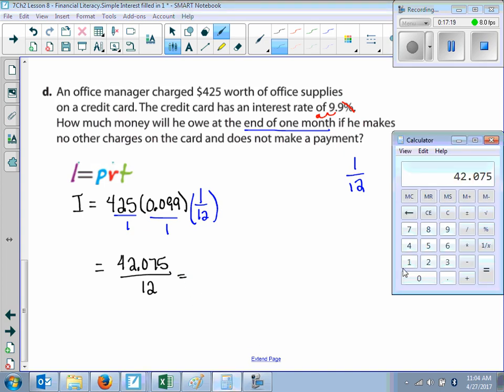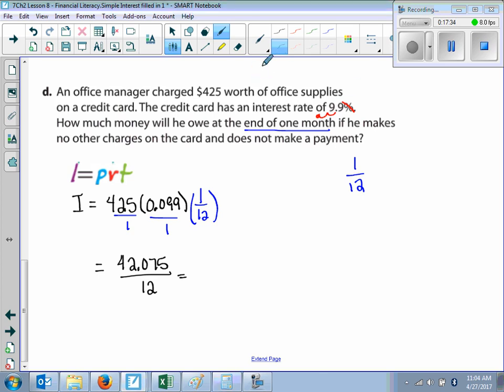So now you're going to divide that by 12, and what do you get? $3.51. Very good. So you're going to get $3.51.